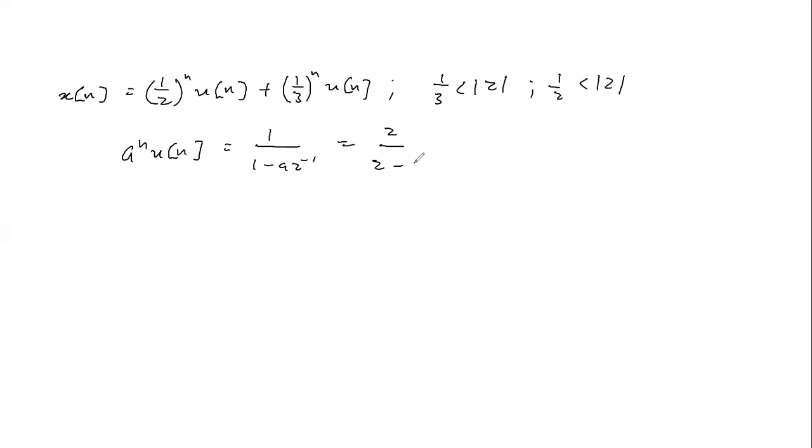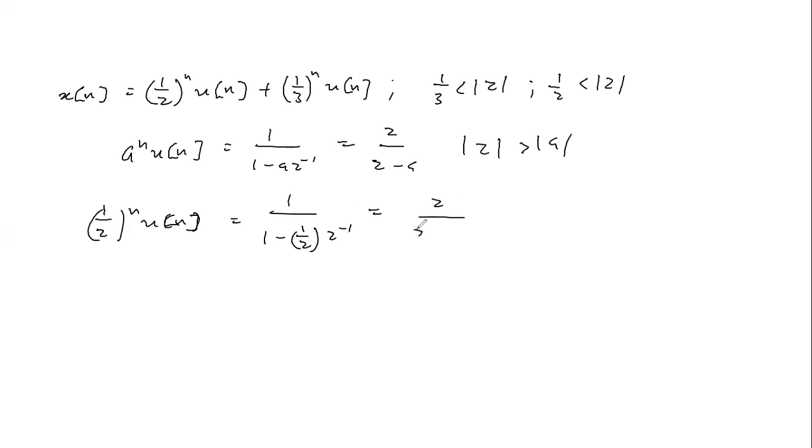So this is the same as z over z minus a when mod z is greater than mod a. So we can now go on to resolve this. So (1/2)^n u[n] is equal to 1 over 1 minus 1/2 z^-1, which is the same as z over z minus 1/2 for mod z greater than 1/2.